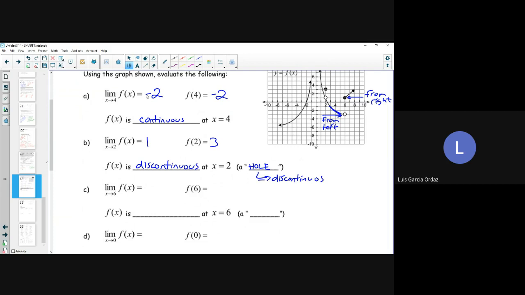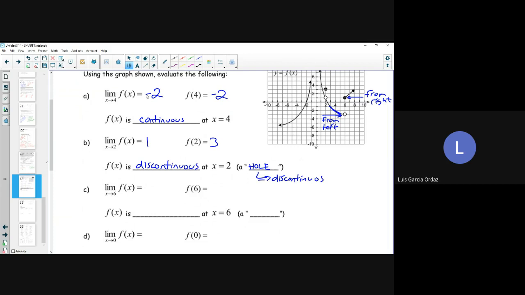Okay, so why would it be does not exist? Why is the answer does not exist for the limit of f of x approaching 6? What is the reason? Exactly.